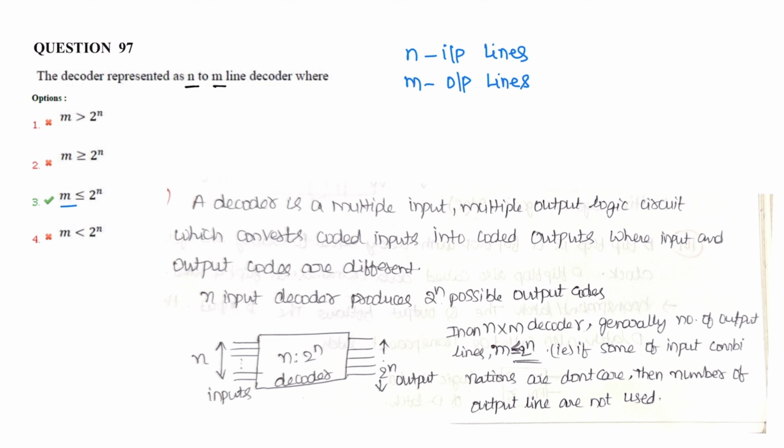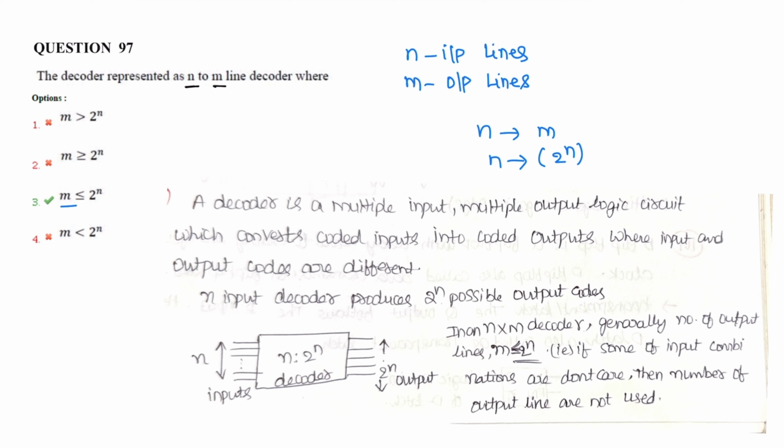Here an n input decoder produces 2 power n possible output codes. So an n input decoder produces m output lines, and the number of output lines is 2 power n. In the ideal case, if all outputs are used and there is no don't care condition, n inputs produce 2 power n outputs.